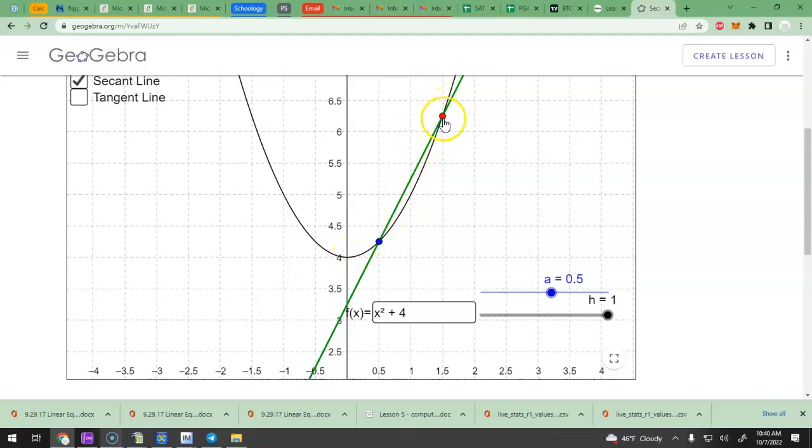Then I'm able to find the average velocity between these 2 points. But what if I want to know the instantaneous velocity at this exact point, at this one moment in time? I'm not saying between here and here. I'm saying at that one moment in time, how fast are you going in that snapshot? That is what's called the tangent line, where it's just 1 point.